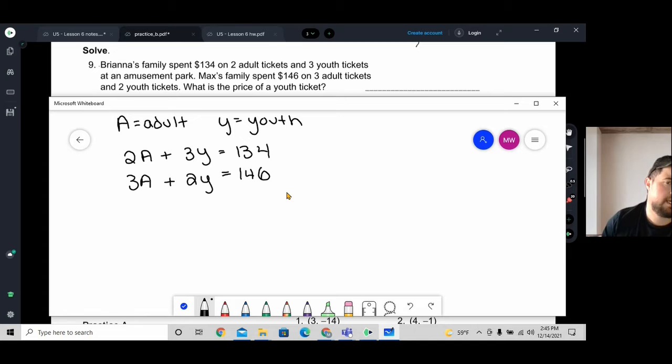Okay. When I look at these two equations, I can't cancel anything out. So I'm going to have to fix both of them to get 2 variables that I can get rid of. So what I'm going to do is multiply this entire top equation right here times 3.